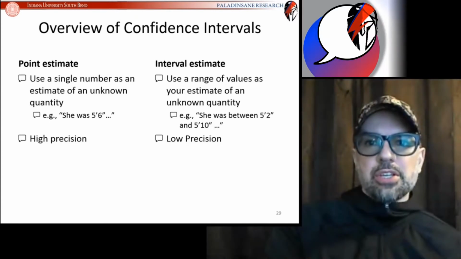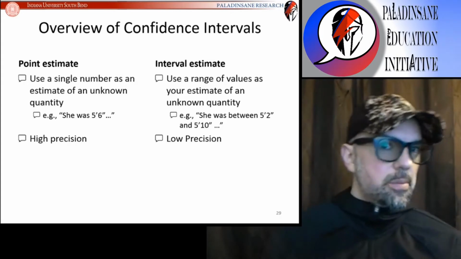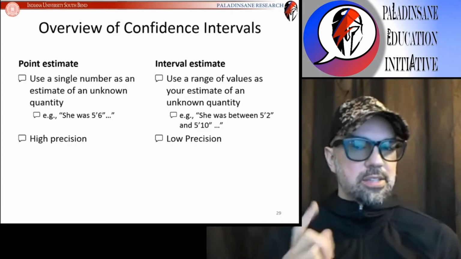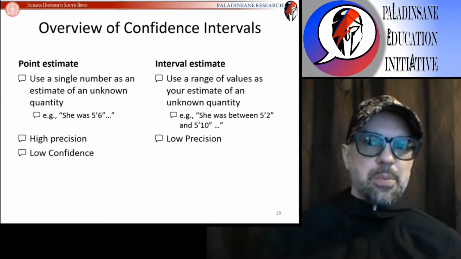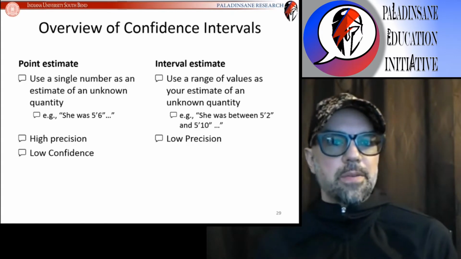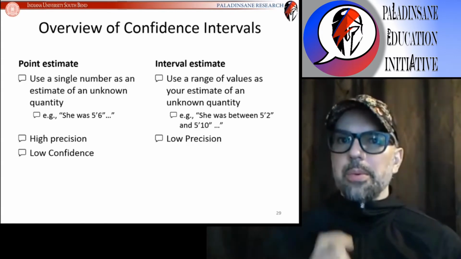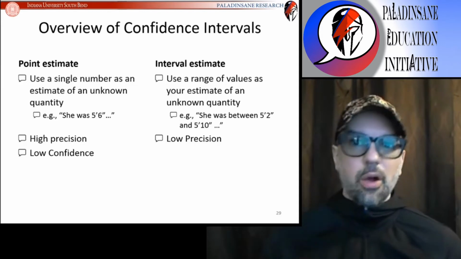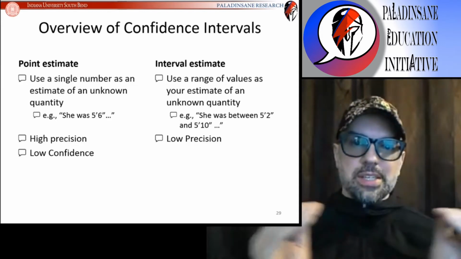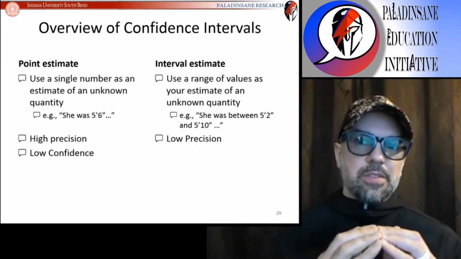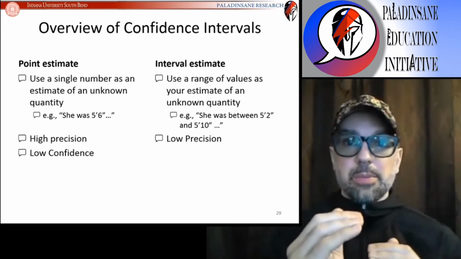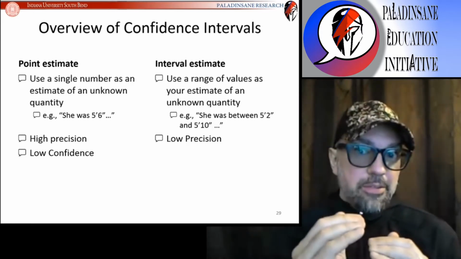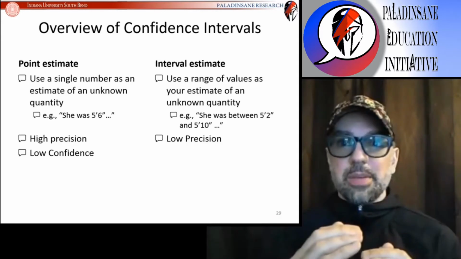Now, the high precision that you get in a point estimate comes at a cost, and the cost is confidence. That high precision gives you very low confidence because you are probably going to be wrong. The only way you're right is if that woman is exactly 5'6". If she's 5'7", your estimate is incorrect. If she's 5'6.5", your estimate is incorrect.